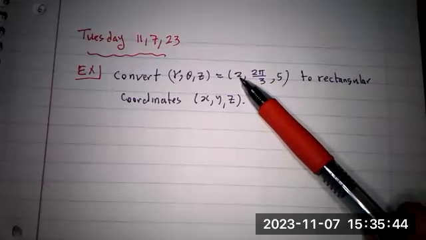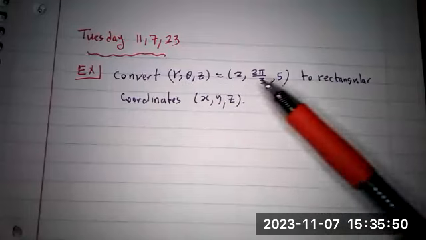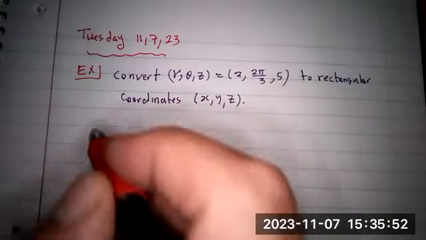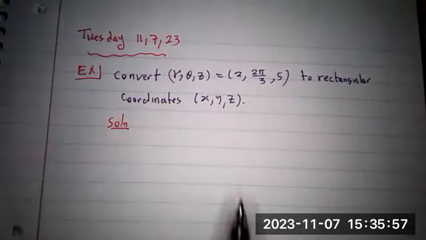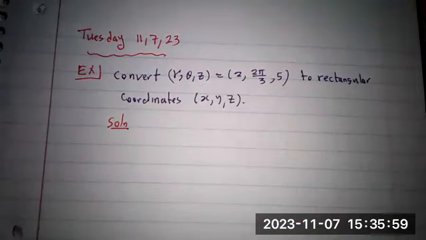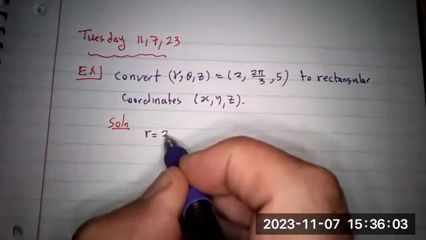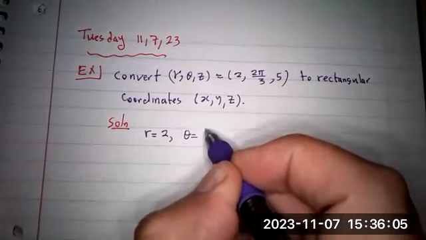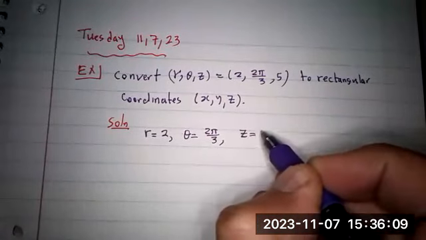Your r is equal to 2, and theta is 2 pi third. So you write the formula for x, y, z, and you get the result. So the solution is, your reading from this part is that r is equal to 2, theta is equal to 2 pi third, and z is equal to 5.